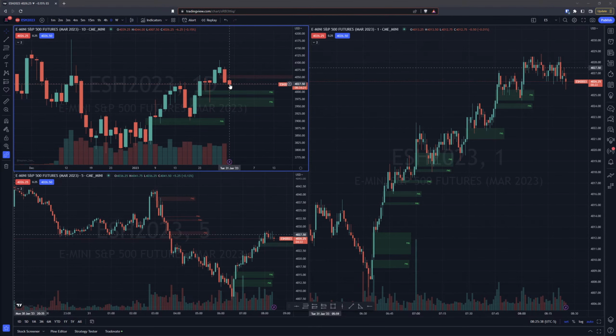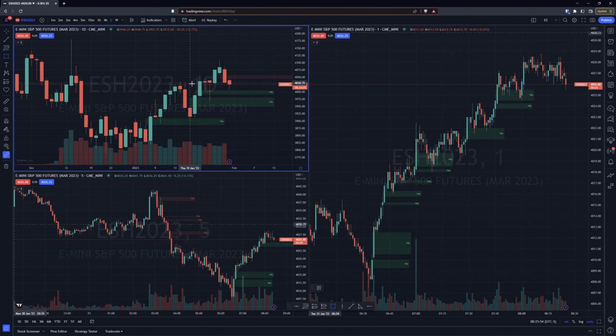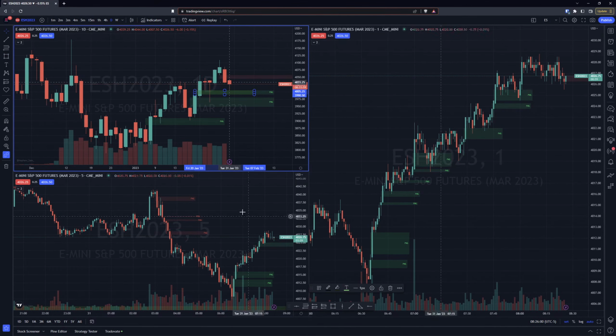Obviously, this could close today from yesterday's candle, and throughout the night, it has continued to go down. So one significant point would definitely be this fair value gap down here. So we'll draw that one out.